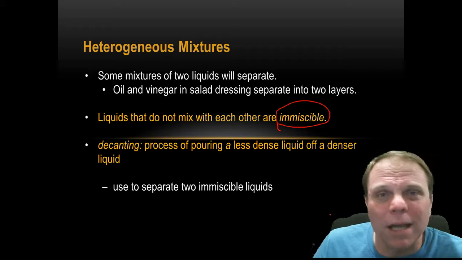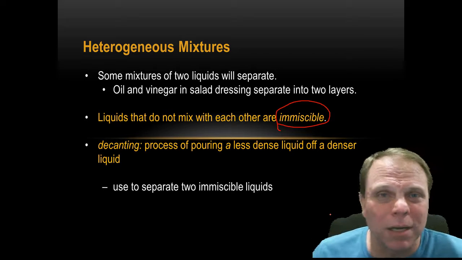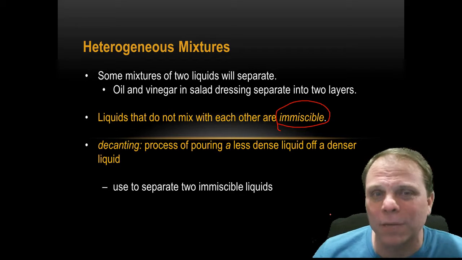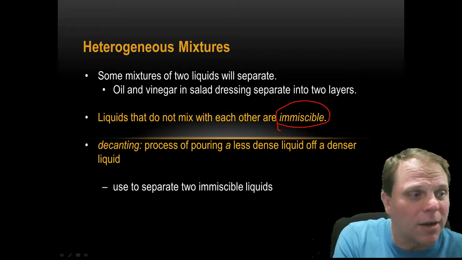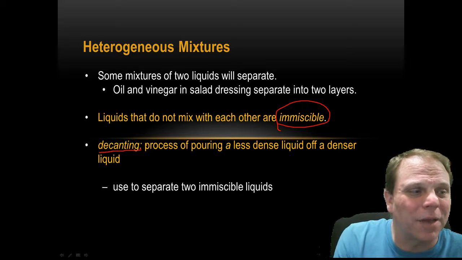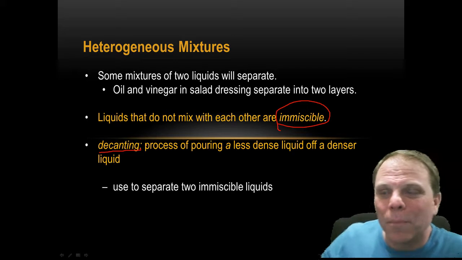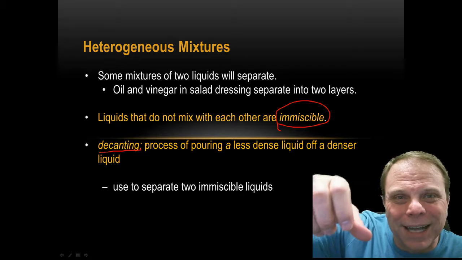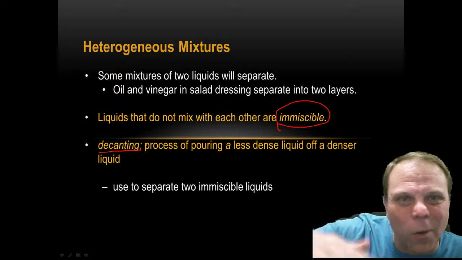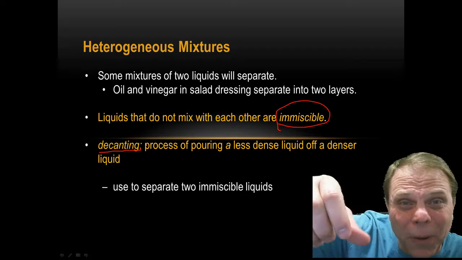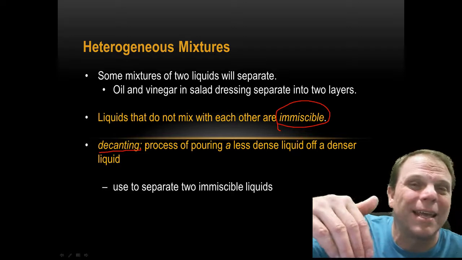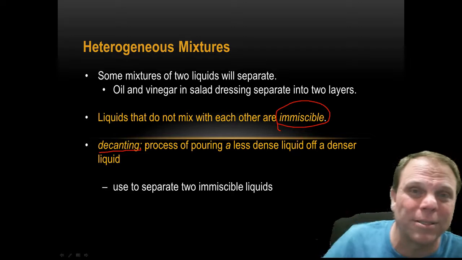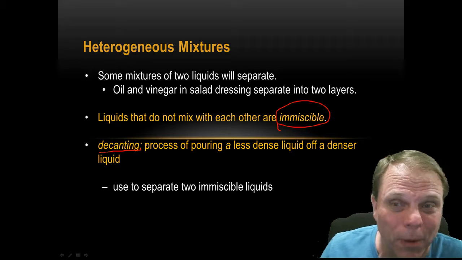Now, we talked about at the beginning, one of our objectives here is to try to figure out how to separate different types of mixtures. Well, one of the ways that you can separate different types of mixtures is right here, and it's called decanting. Now, decanting, you can kind of think of pouring off one layer of liquid, like imagine an oil and water mixture, and you're slowly pouring off one until you get as much of that off as you can, and then the next liquid layer is about ready to start pouring out, and then you don't want to let that one pour out, so you stop.